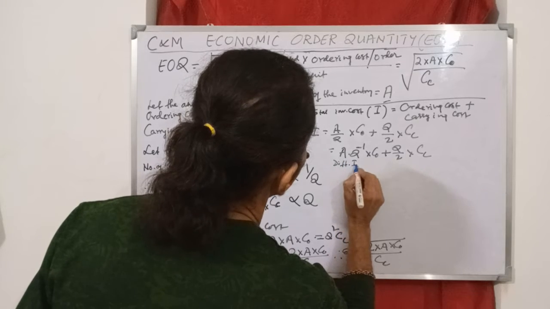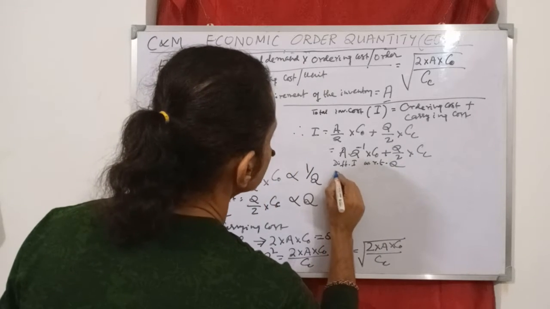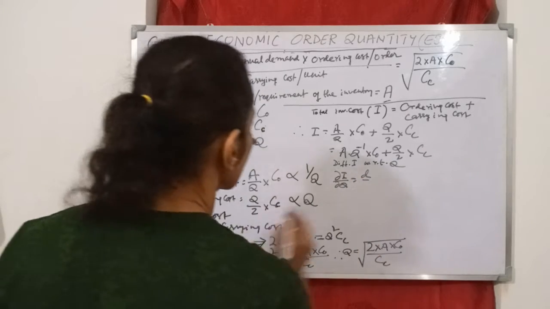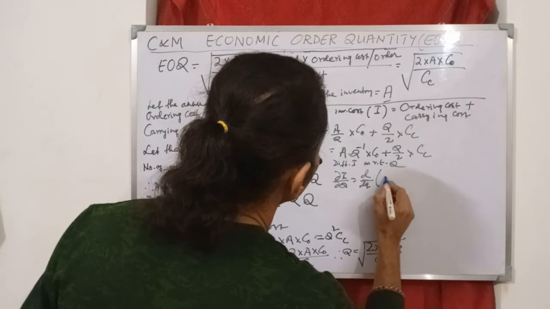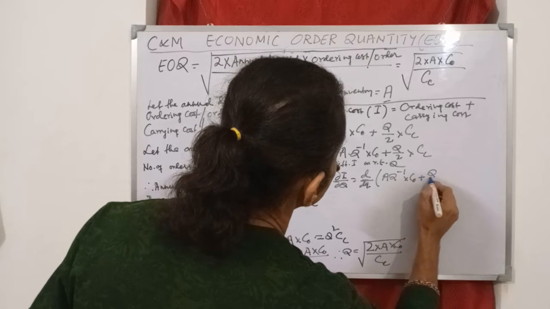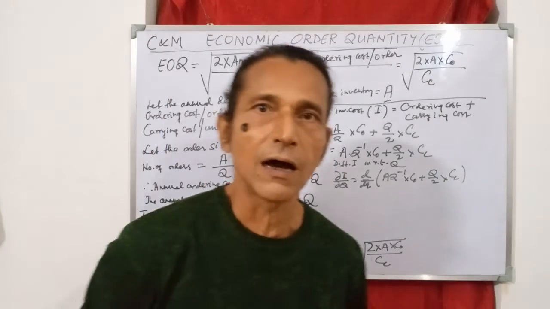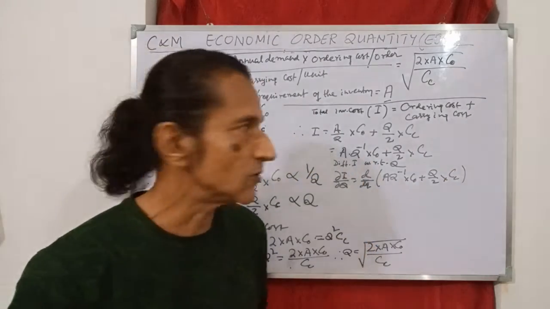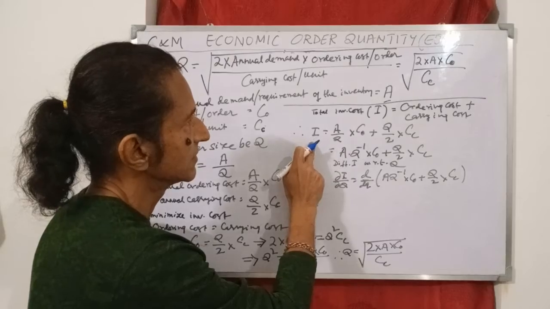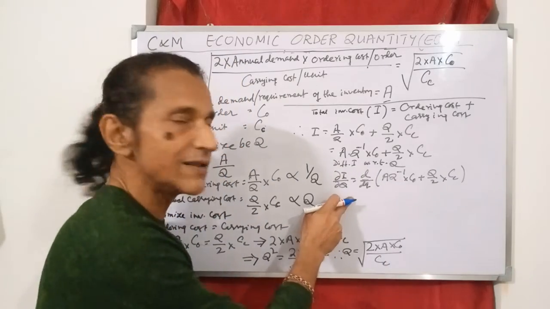Differentiating I with respect to Q, we get del I del Q equals d by dQ of A Q to the power minus 1 into C sub O plus Q by 2 into C sub C. Now we know in differential calculus, if we differentiate this function, then it may be cost or it may be anything, that is minimized when the first order derivative is 0.